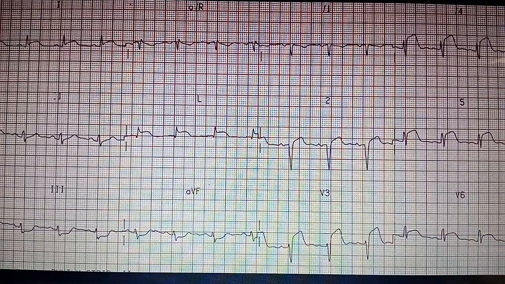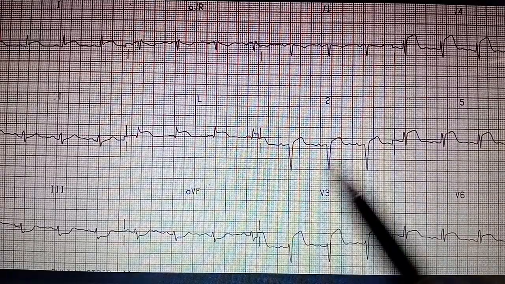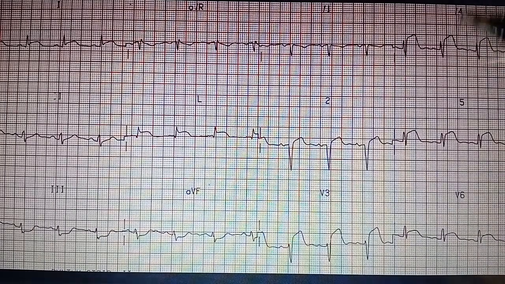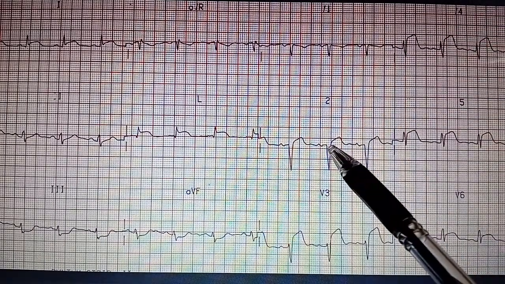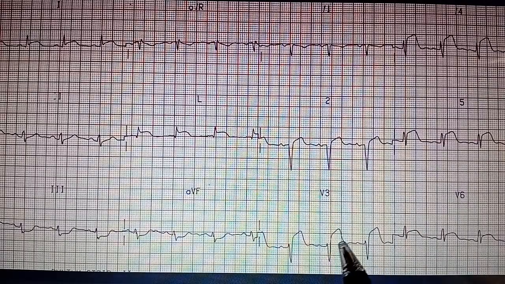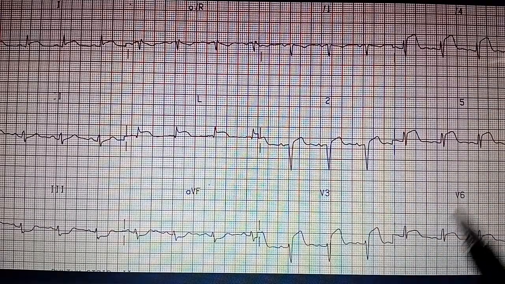Now I'm going to start our three classical cases of ST elevation MI. In this case, as you can see, there is ST elevation. First of all, we're going to start with our chest leads, V1, V2, and V3. In V2, there is a classical ST elevation, and there is also ST elevation in V3, V4, V5, and V6. So these are the anterior chest leads, and ST elevation is classically seen in these five leads.